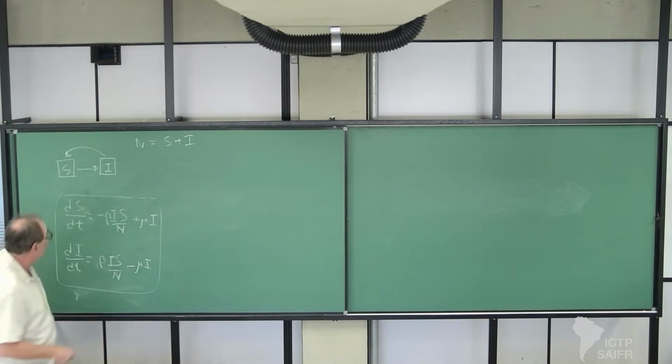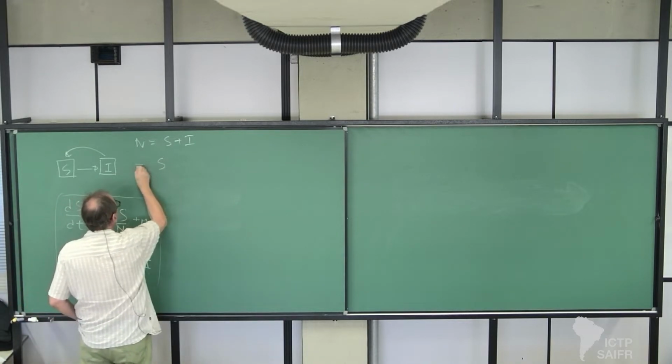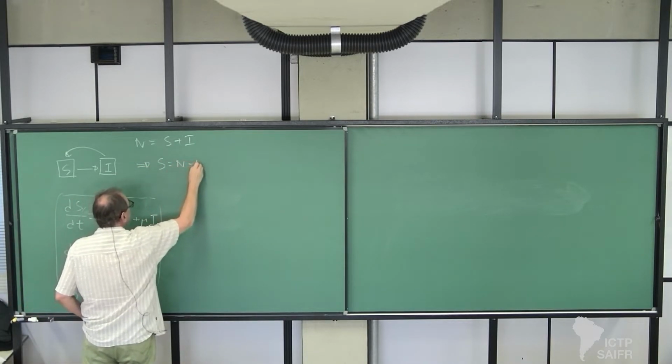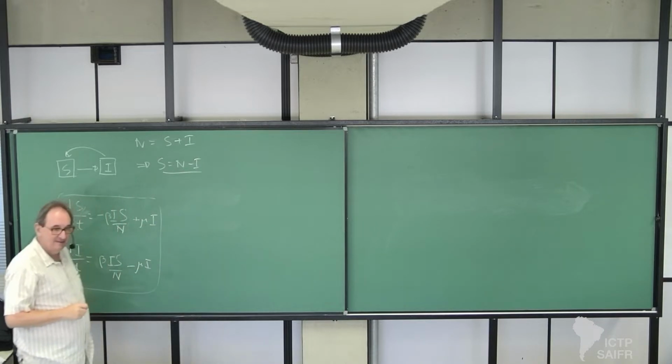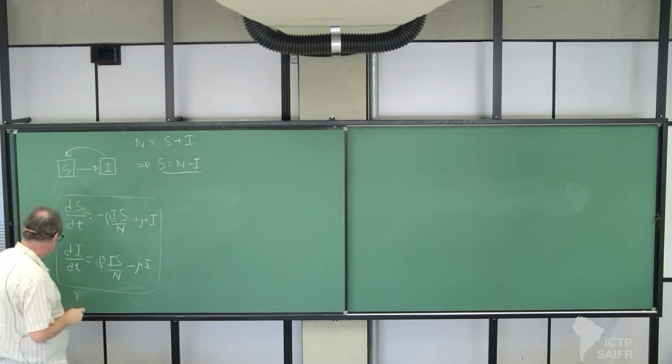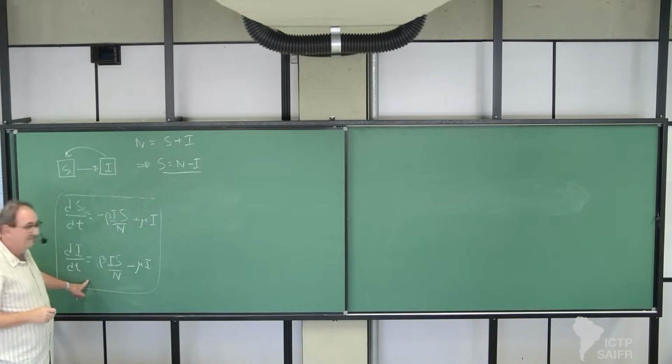So now I can write S is equal to n minus I. And then I can substitute in the second equation.